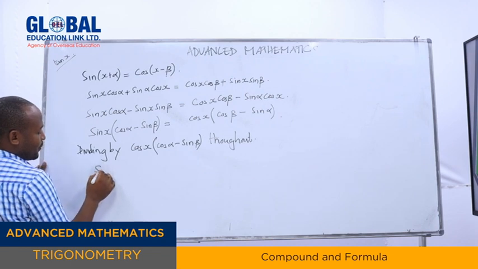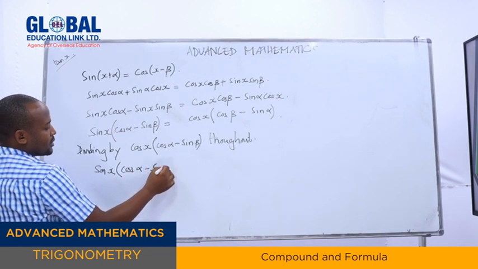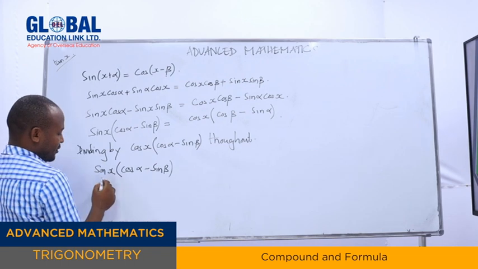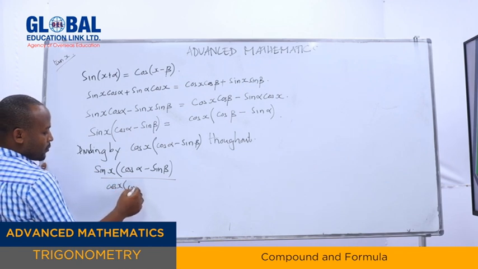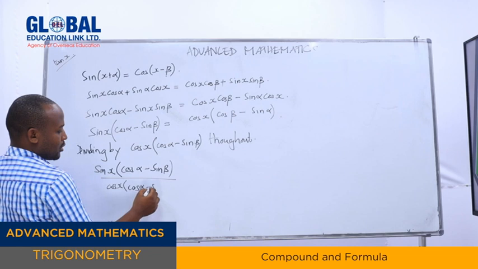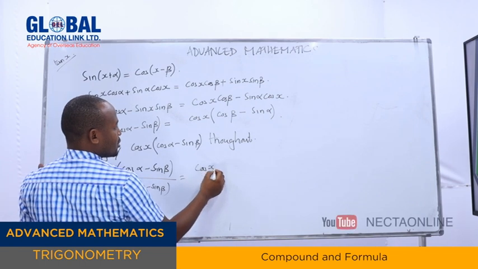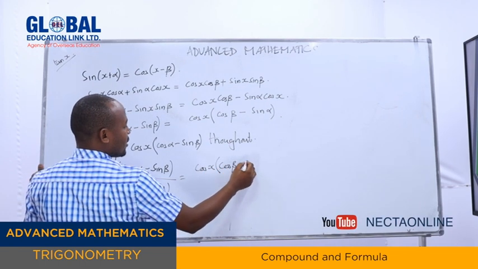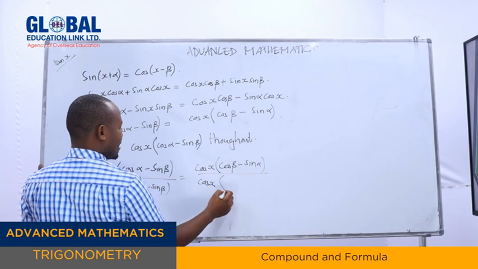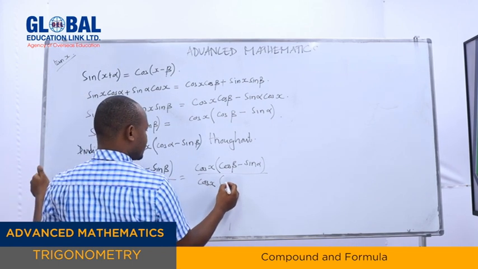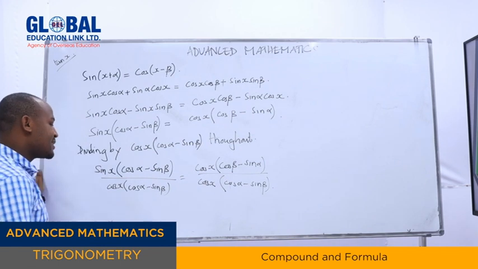So let's do that. So we have sine x cos alpha sine beta divided by cos x cos alpha sine beta is equal to cos x cos beta sine alpha, then dividing by that we have cos x, and then we have cos alpha sine beta.